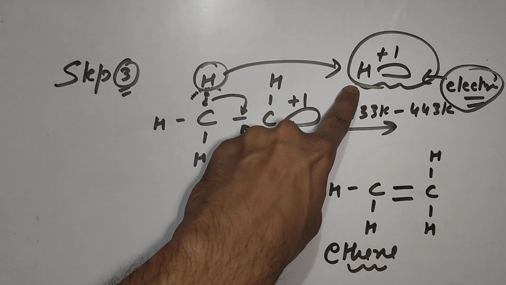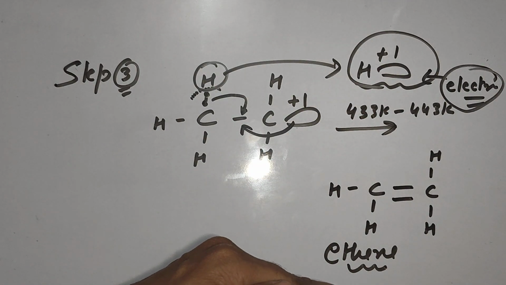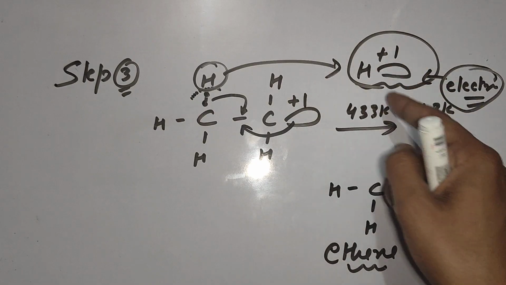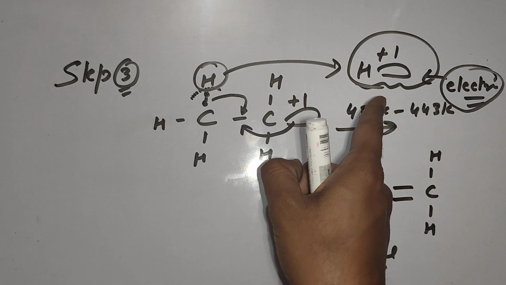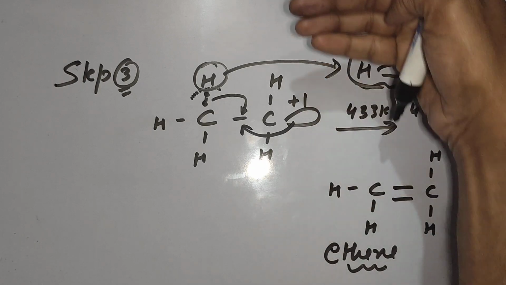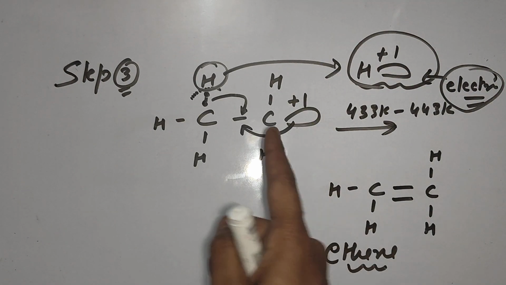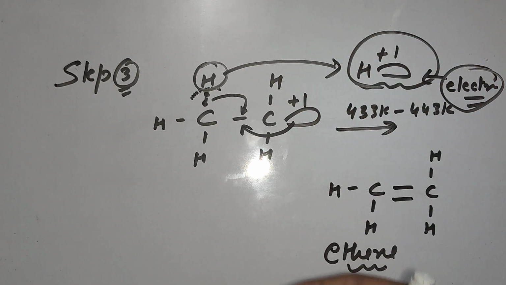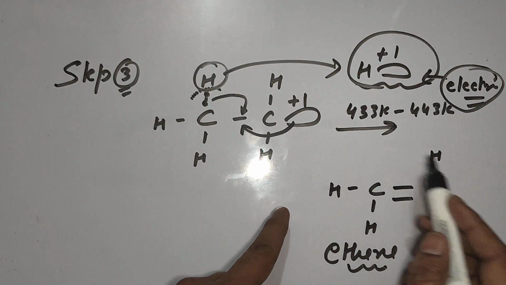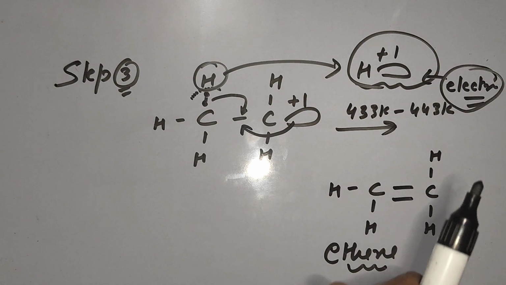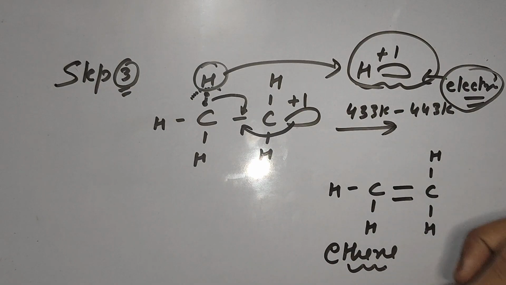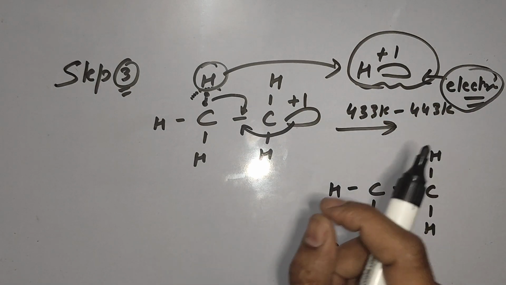And this H positive ion will repeat the whole step with another molecule of ethanol, means it will repeat the whole cycle. Continuously in the third step again an H positive ion will generate, and that will again start the reaction from the very first step. In this fashion, ethene molecules will be continuously generated. So this is the mechanism we have for dehydration of alcohol to produce alkene at the temperature of 433 Kelvin to 443 Kelvin.